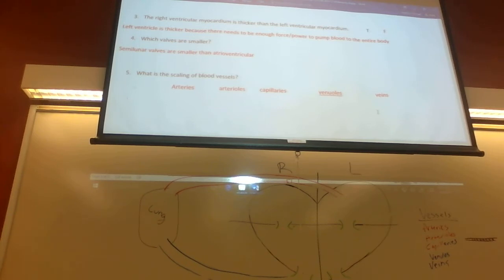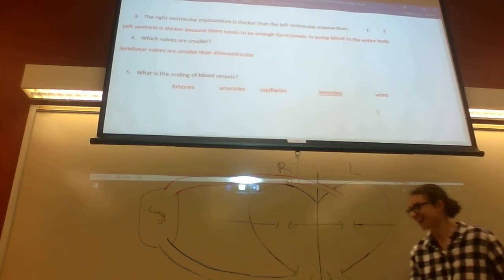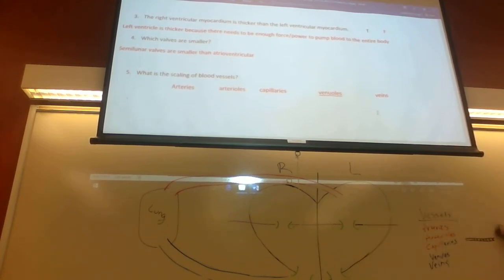So capillaries are awesome. I can't wait till we get to the urinary system. I'm not kidding you, it's so cool. Yeah, we're all ready for the urinary system. So, anything else about the cardiovascular? Okay, I'm going to do this then.